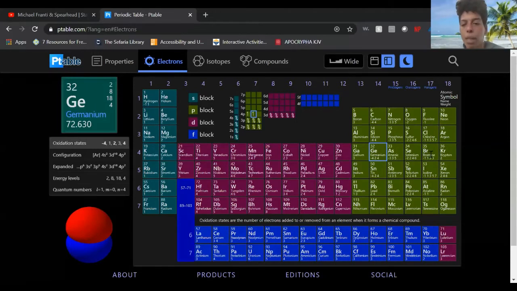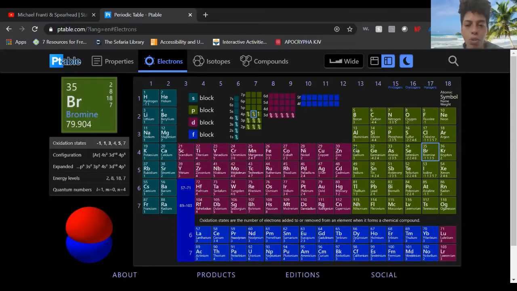Bromine, in group 17 or 7A, is going to have 7 valence electrons. Let's count them: 1, 2, 3, 4, 5, 6, 7. And if we look at the configuration over to the left, we've got 4s2, 4p5.